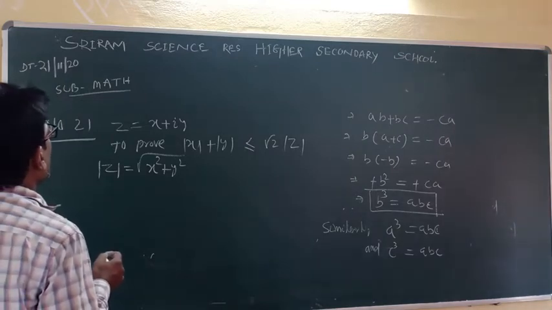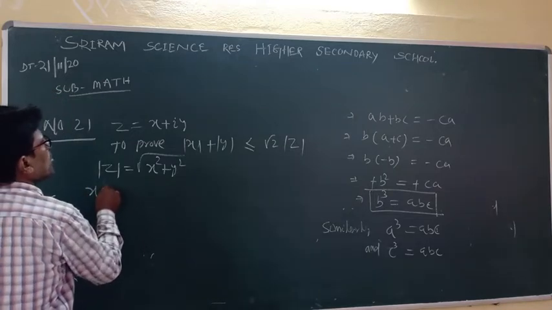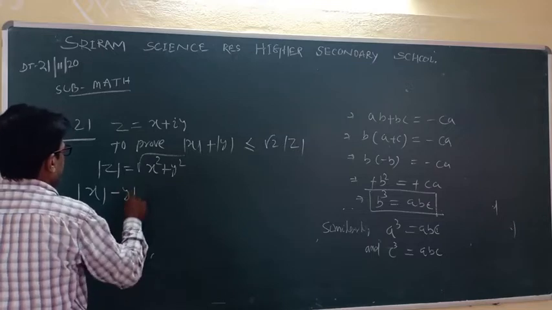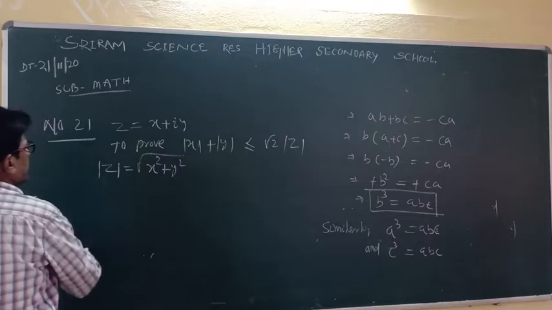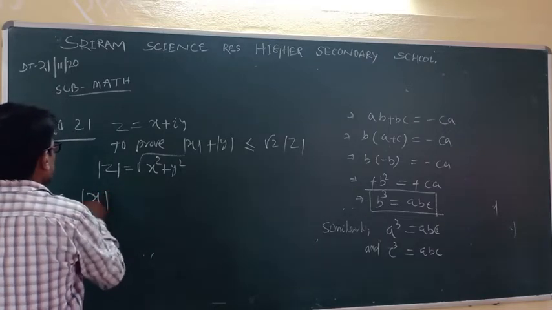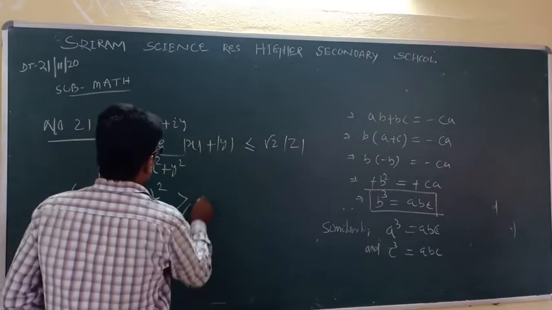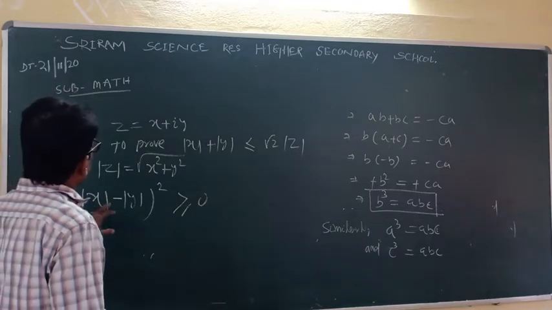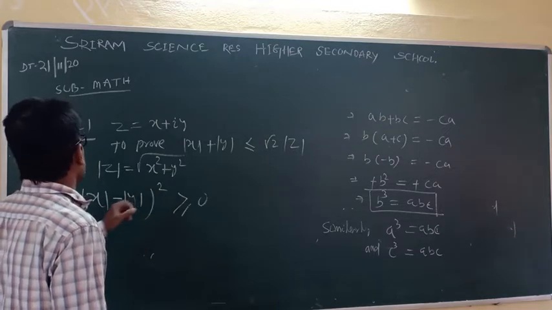But you know the modulus value of x minus the modulus value of y, cross square, is also greater than or equal to 0, because it may be negative, but a negative square is always positive. If it is positive, no doubt it is greater than or equal to 0.